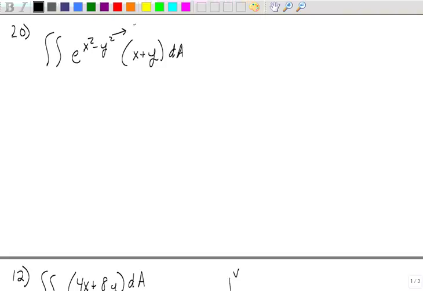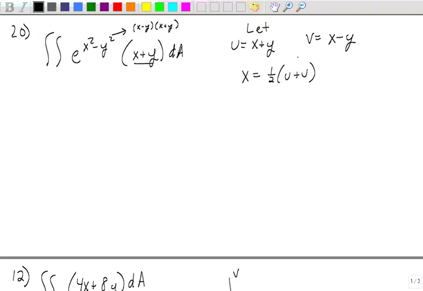If you notice, that is x minus y, x plus y, and here we have an x plus y. So let's let u be x plus y, and v equal x minus y. Then if we solve these, x is 1/2 u plus v. We just add the two equations together, and y is 1/2 u minus v.